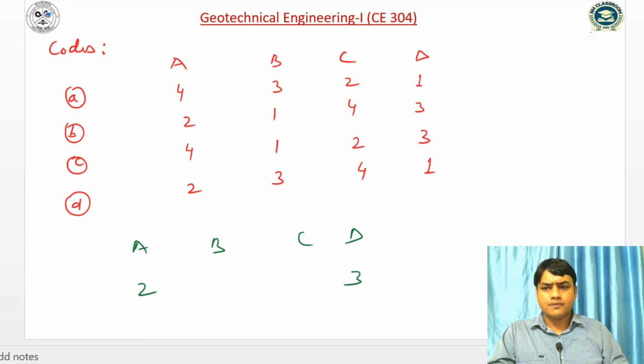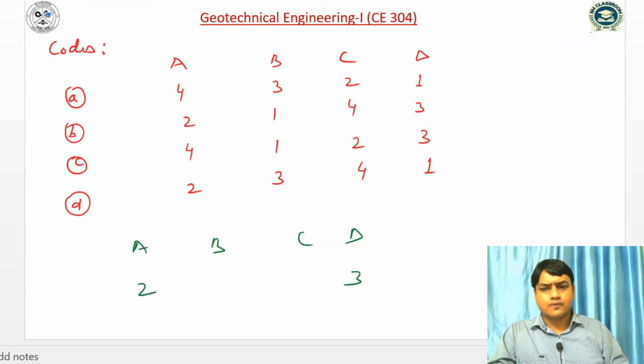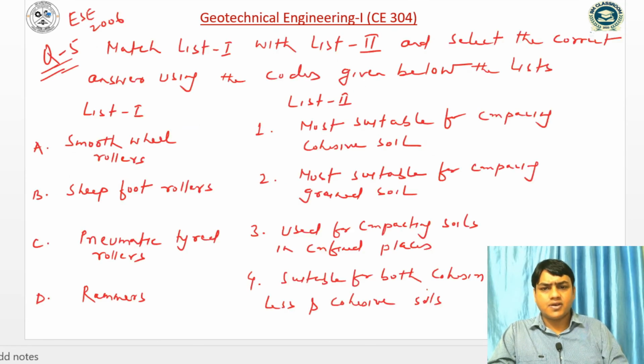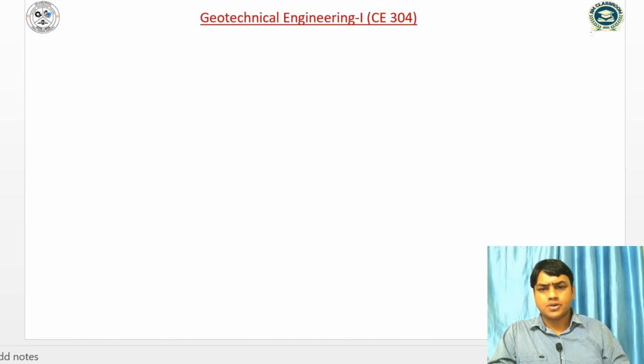For B, the sheep foot roller, which is suitable for cohesive soil, the correct match is 1. And the pneumatic tyred roller can be used for both cohesive and non-cohesive soil, so for C the correct match is 4. So option B is correct: 2 1 4 3.